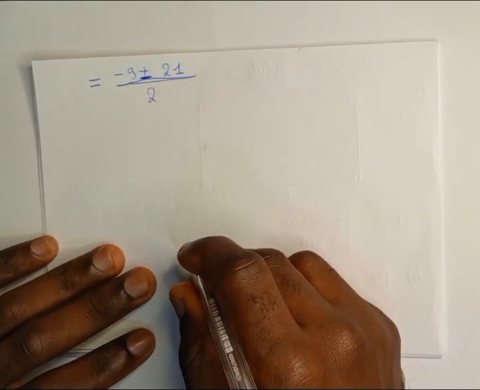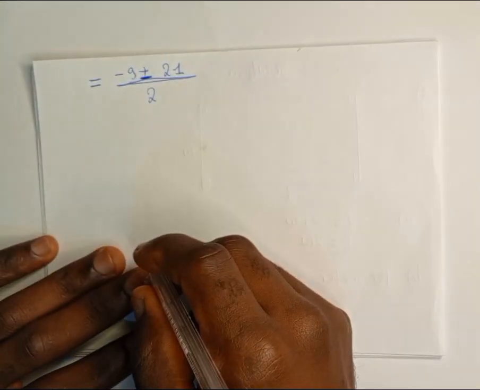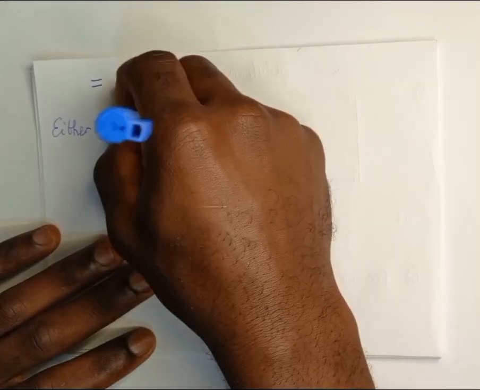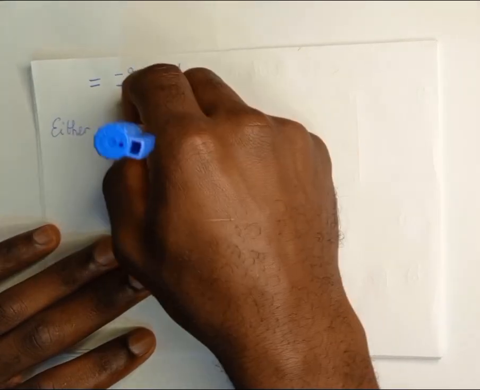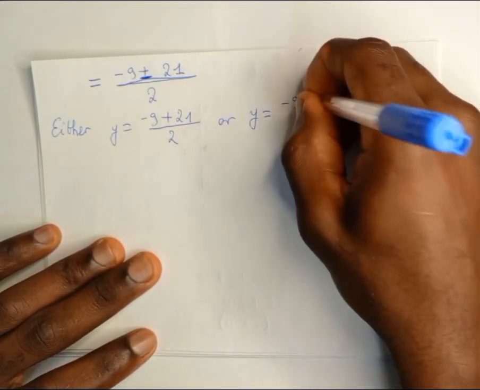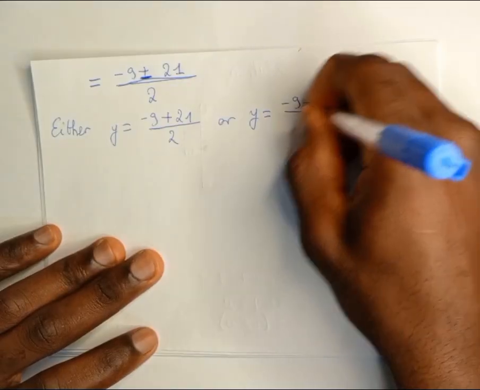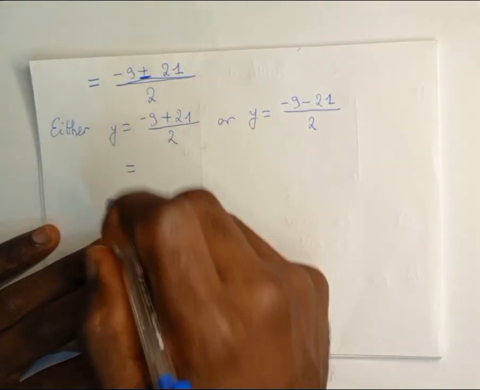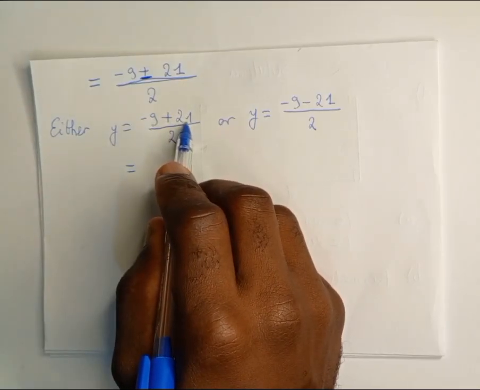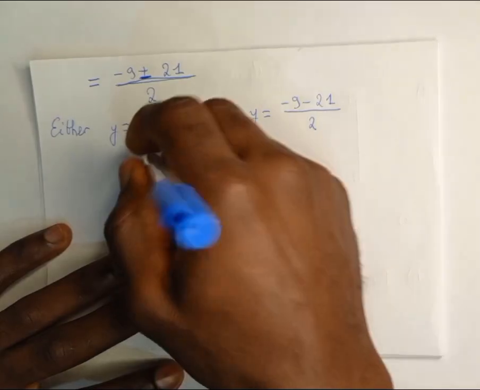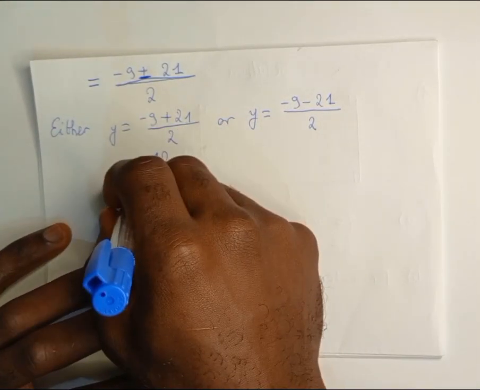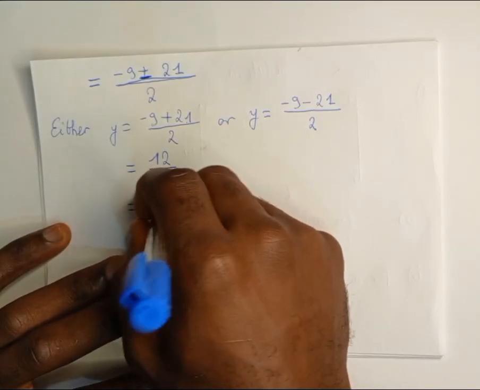We cannot be working with addition and subtraction at the same time. So either y will be equal to negative 9 plus 21 all over 2, or y is equal to negative 9 minus 21 over 2. First one, negative 9 plus 21 is simply equal to 12 over 2. 12 over 2 gives us 6.